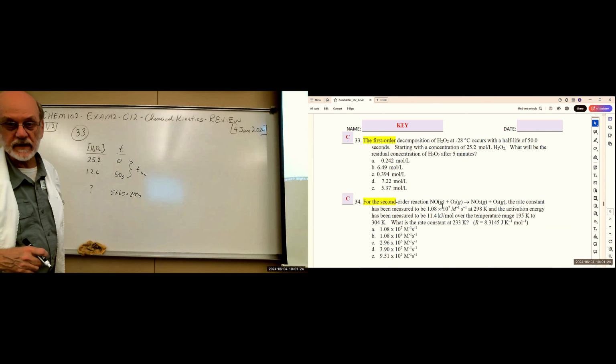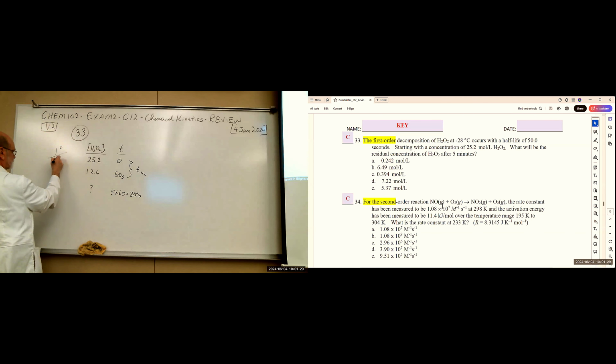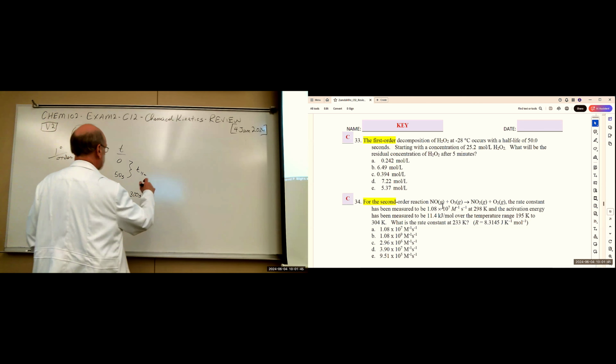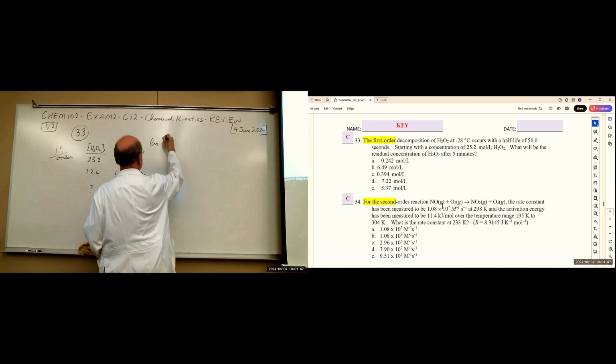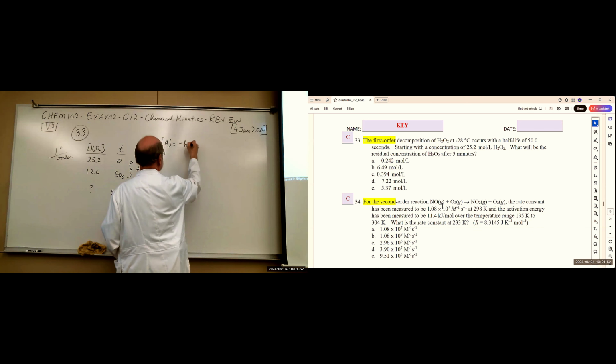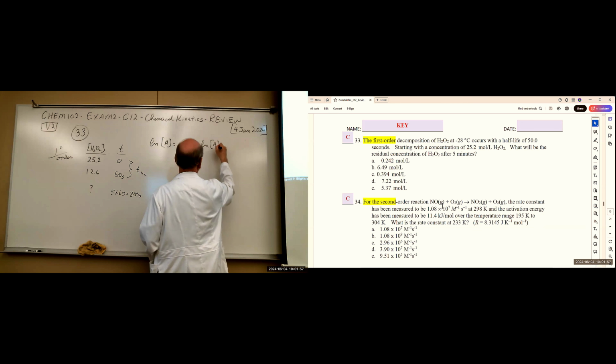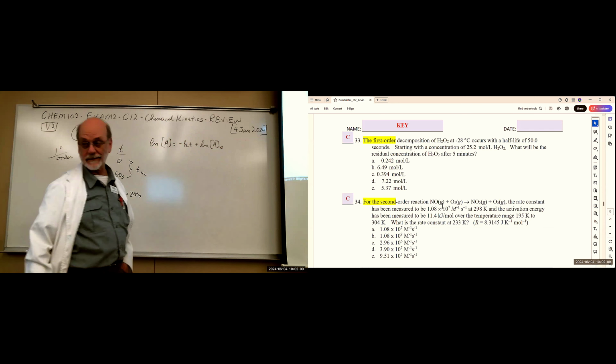If this is, we're given as first order. What's the integrated rate law for first order? It should be natural log of A equals negative KT plus natural log of A 0.